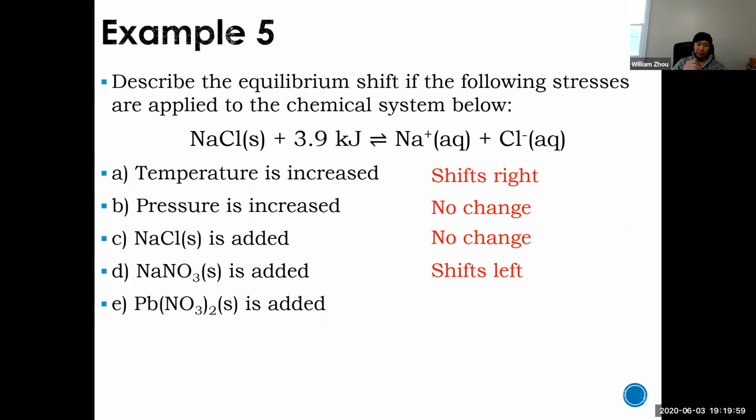Why would having more nitrate shift it to the left? Because I thought when the lead nitrate dissolves in water, more moles of nitrate are going to be produced. Yeah, for sure, yes.